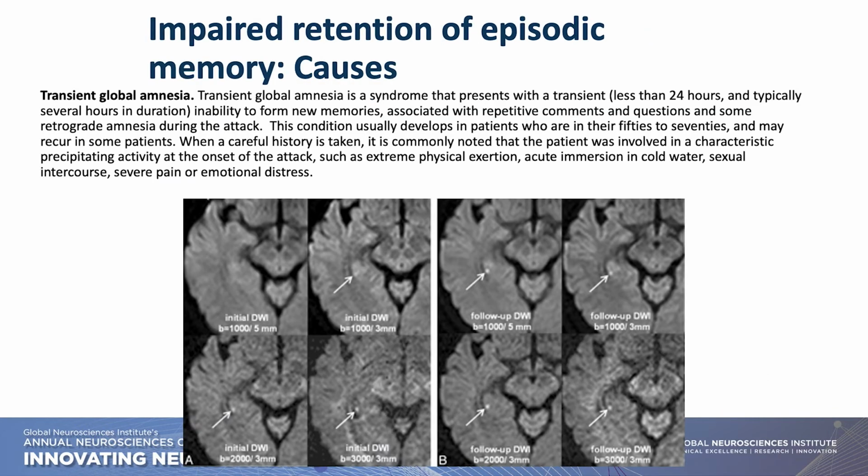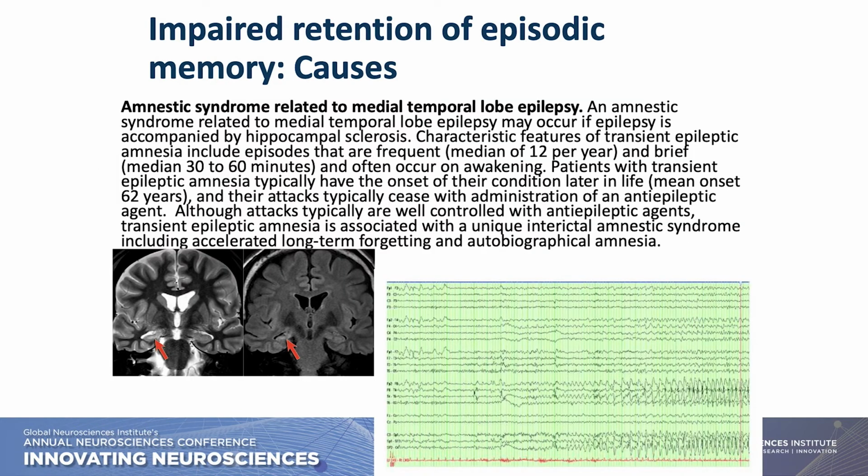If the symptoms are transient, lasting just 24 hours or so, transient global amnesia, again, likes the same network. Or could it be an amnestic syndrome related to medial temporal lobe epilepsy? These people can present with fluctuating, long-lasting deficits in their memory formation.